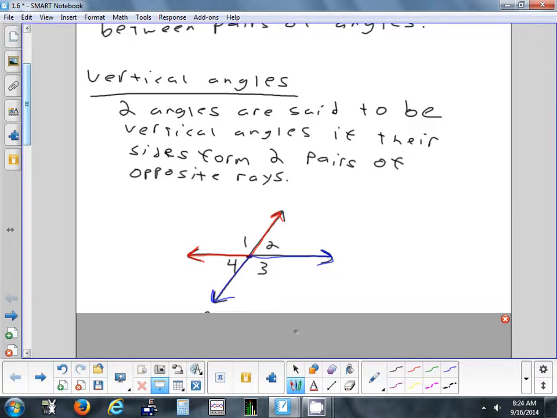Angle 1 and 3 would be considered vertical angles, because the sides of the angles form opposite rays. You have an opposite ray that's in red and blue, pointing in opposite directions, and you have another one in red and blue, pointing in opposite directions. So basically the shape you get is an X. That's what vertical angles look like.